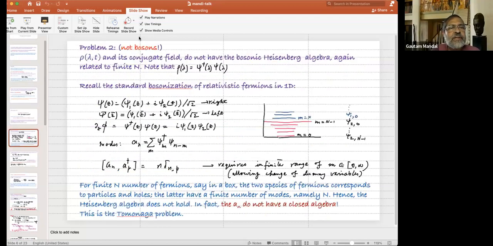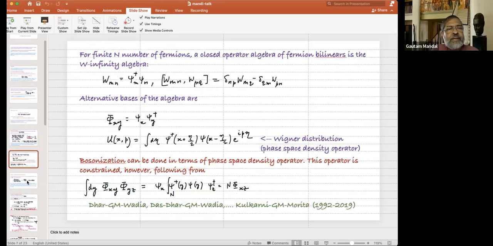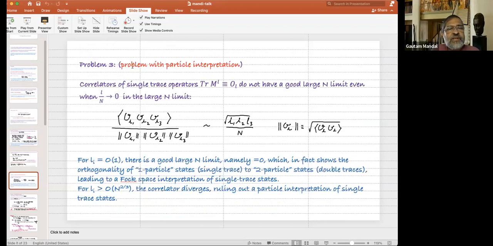The other is that rho of lambda t did not have the correct bosonic commutation relation. Problem number 3 is that the single trace operators did not seem to create Fock space states which could be identified with one particle states. That was problem 3.